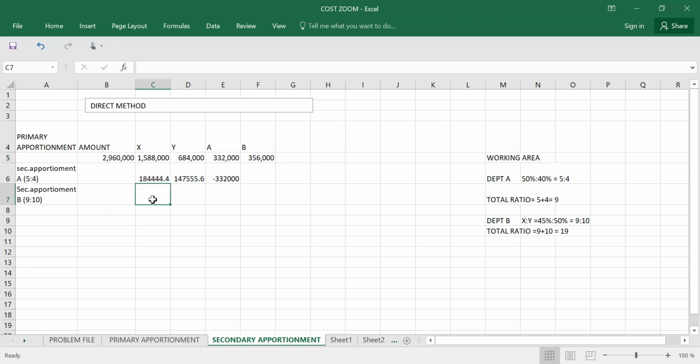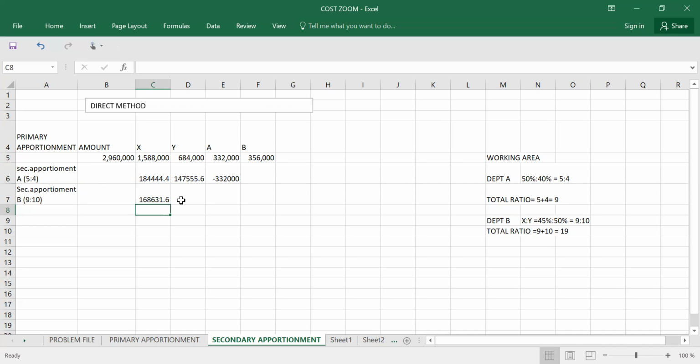So if we are distributing to X and Y, X is to take 9, the ratio 9 divided by the total ratio, which is 19. Then we multiply it with this cost that we are distributing, right?